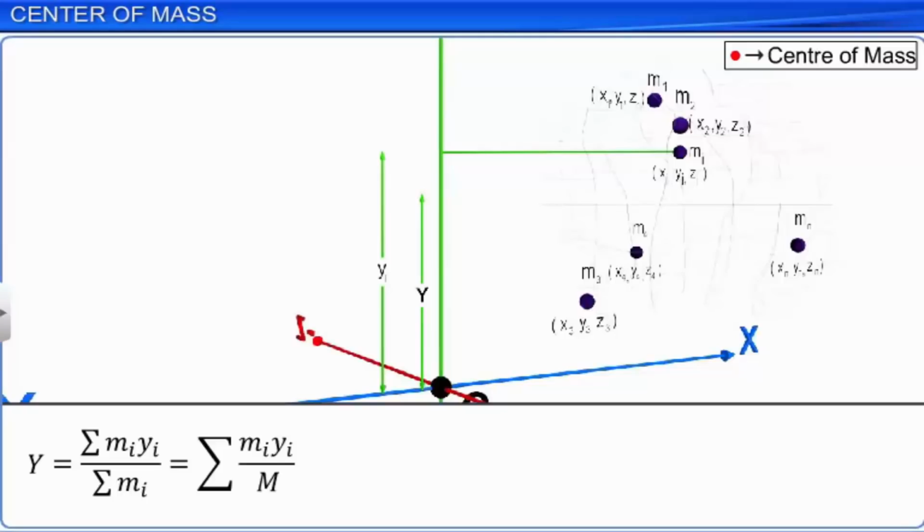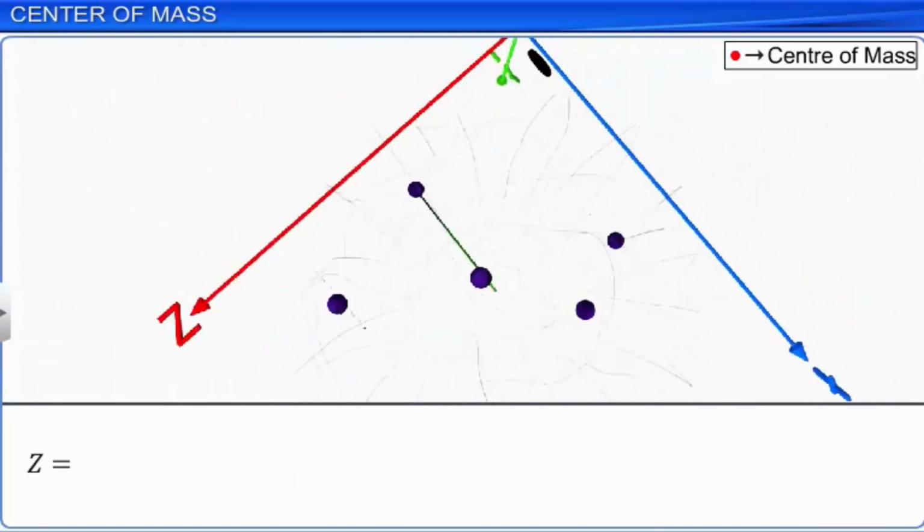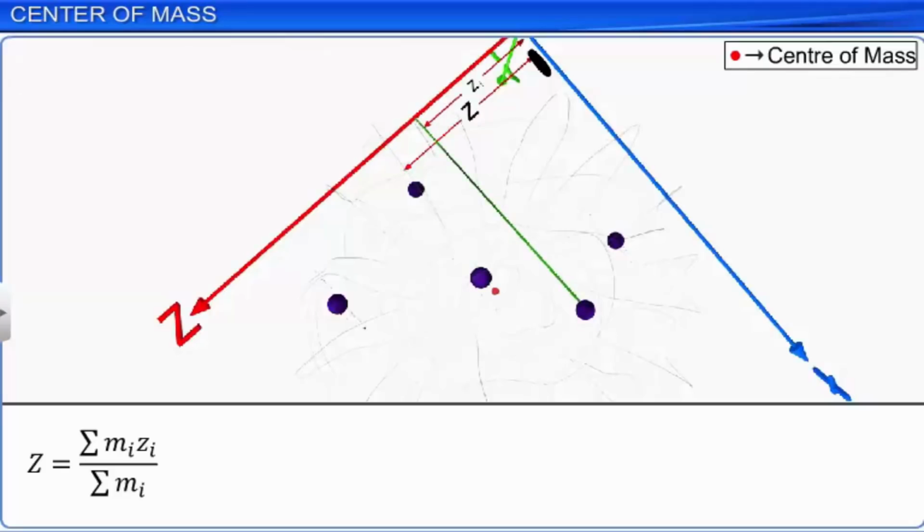Equation 2. Z is equal to sigma mi zi by sigma mi, which is equal to sigma mi zi by m. Let this be equation 3, where m is equal to sigma mi, the total mass of the system.